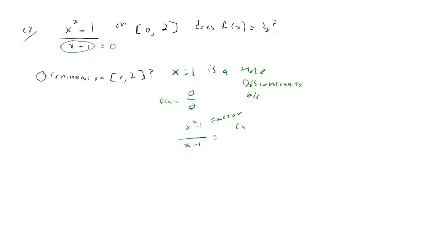You all need to recognize this difference of squares immediately. I get x minus 1 on the bottom, and that's when my x minus 1s cancel. And I get not just x, but x plus 1 as my simplified leftover.